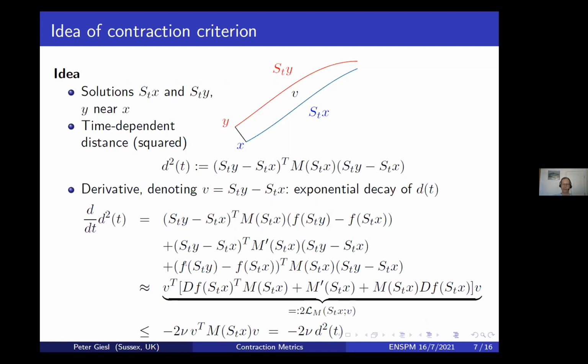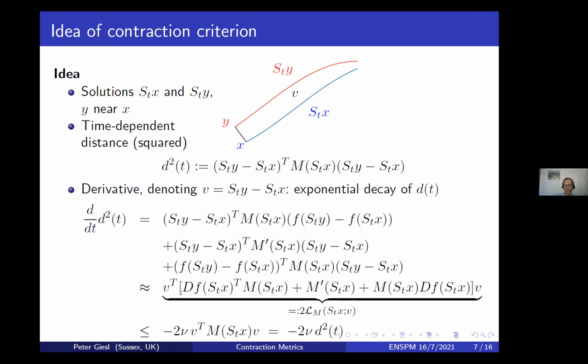And then we have the same for the first term. And now we're using that they're kind of close by, so we use Taylor approximation for this term. In first order, this here would be df times v, this distance vector. And the same for this term. So in the end, we get this expression here using that we're adjacent. We can make all this obviously precise.